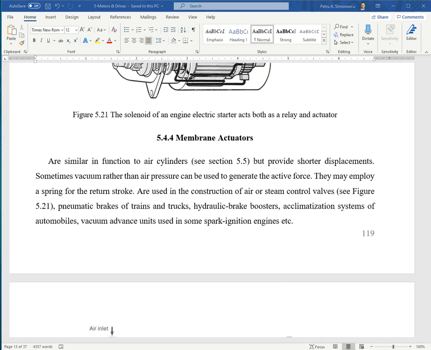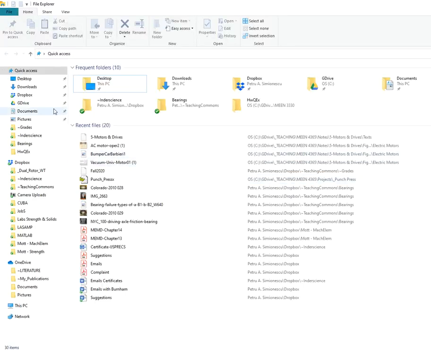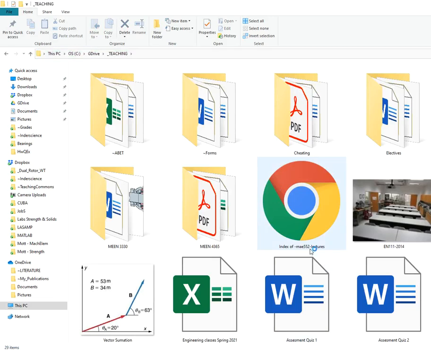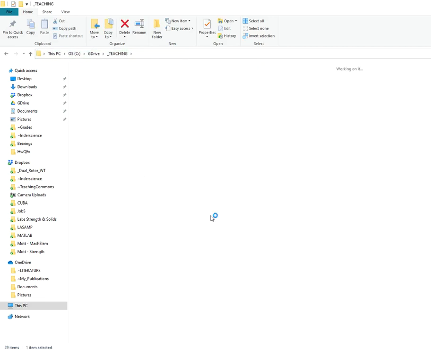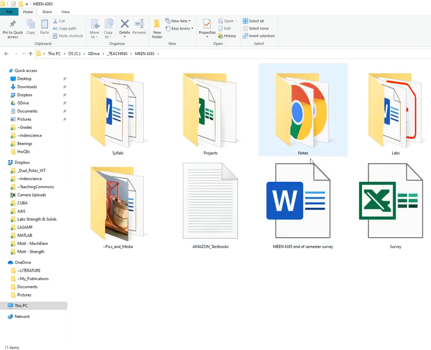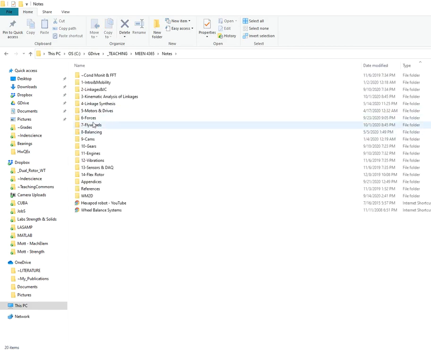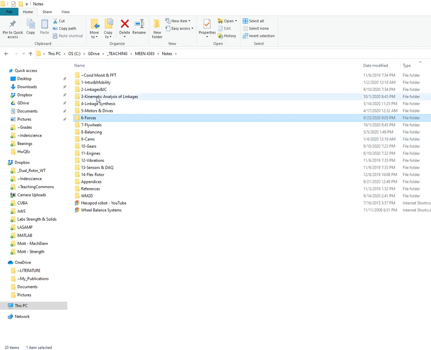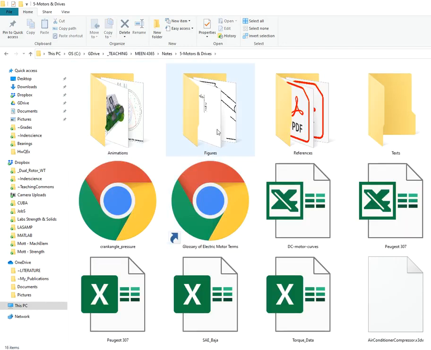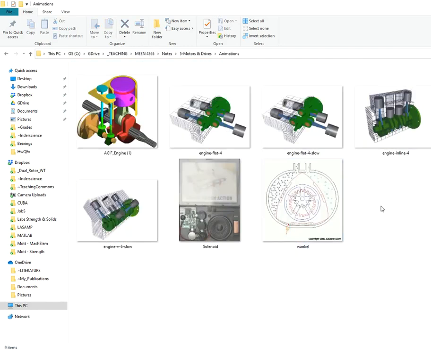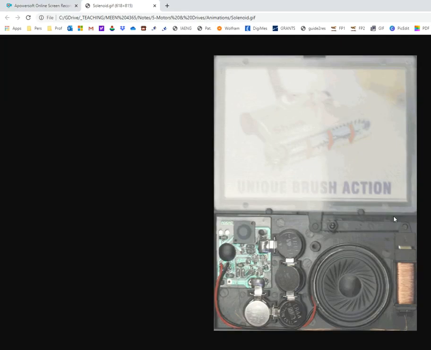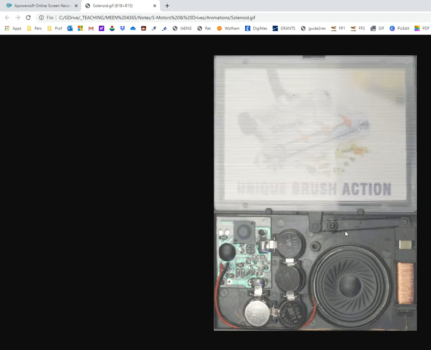I do have, let's see, if I go to where my notes are, notes, motors and drives, I might go back to these, but I want to show you a tiny application.